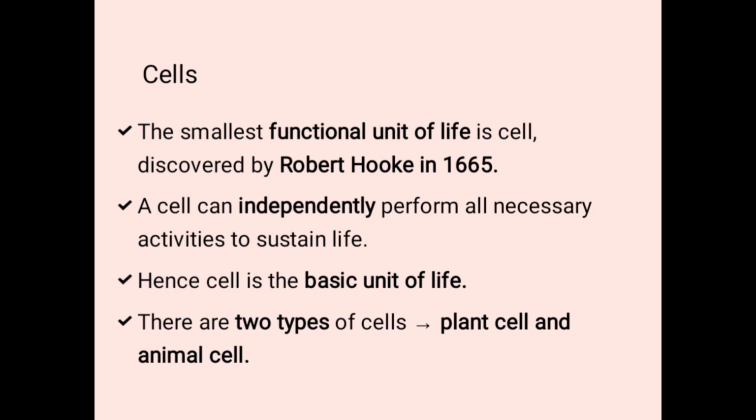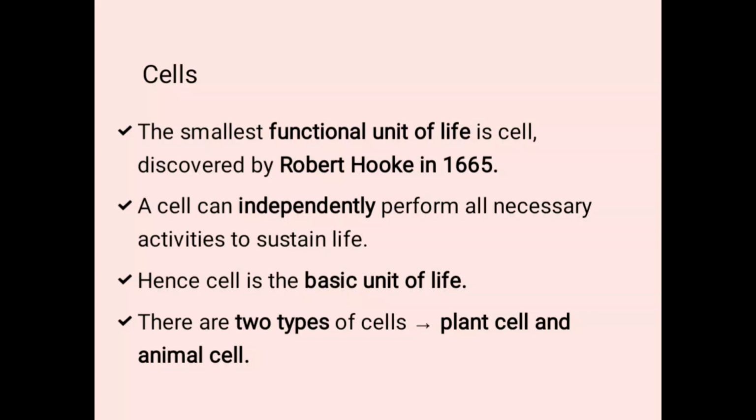It's true. With the help of the cell only we can do all the functions: digestion, nutrition, which our body needs, excretion, reproduction, respiration, everything will be done by the cell, that too in an independent manner. That's why the cell is said to be the basic unit of life.